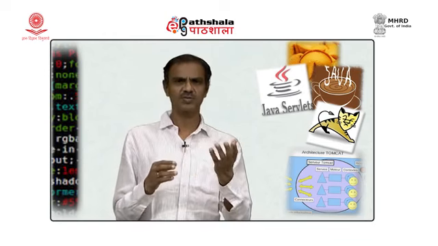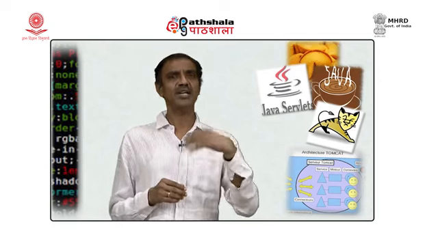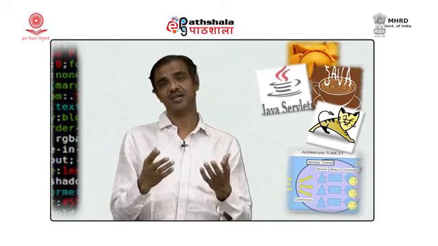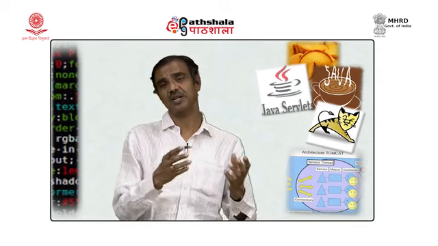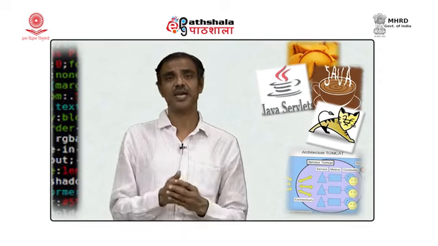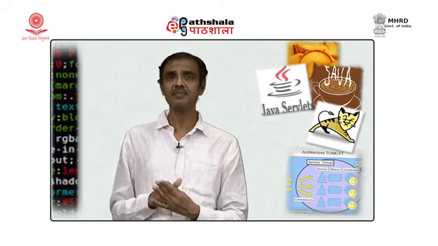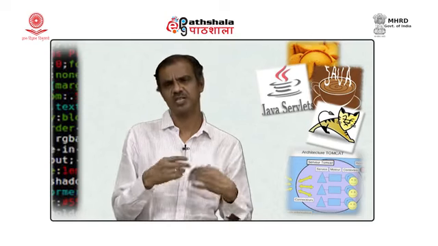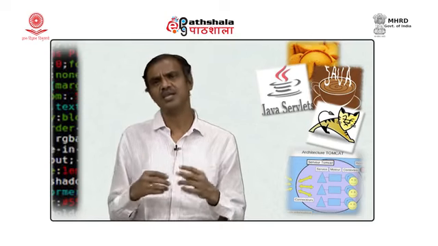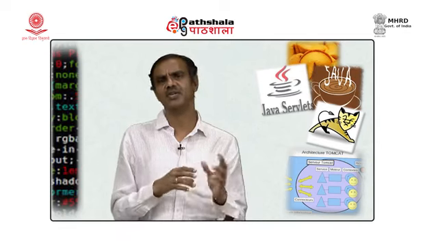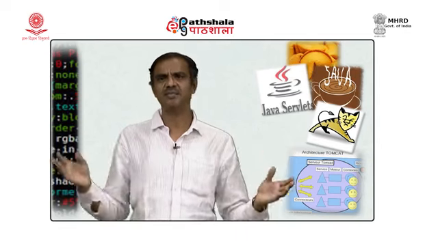So, what was Caesar? For every letter which you have, add a particular value to it, a particular amount of offset. For example, you say, let me add 3. So, every letter which I put in my message, I will add 3 letters to it and create the message.